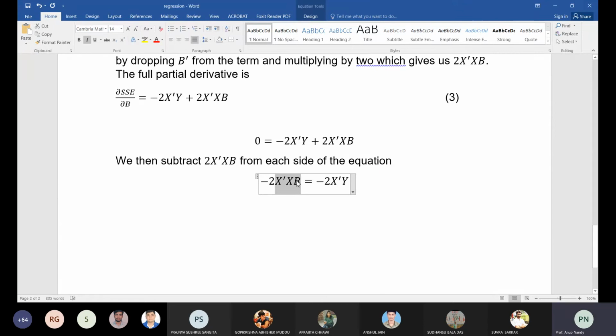X transpose XB is equal to X transpose Y. Okay, finally we need to solve for B.